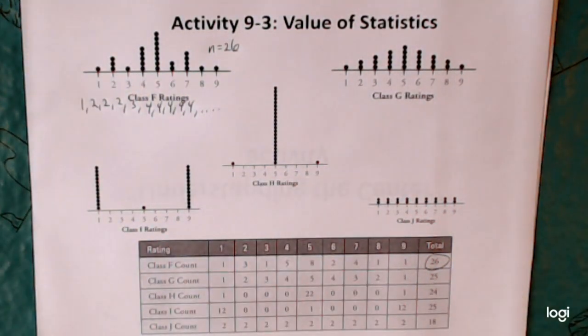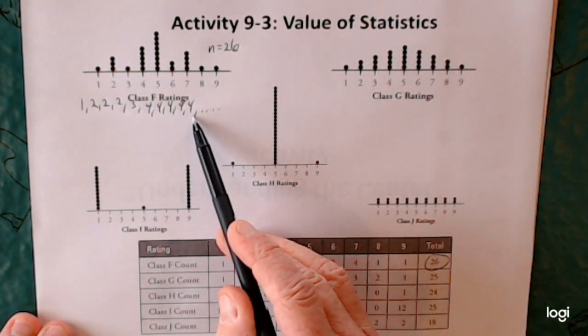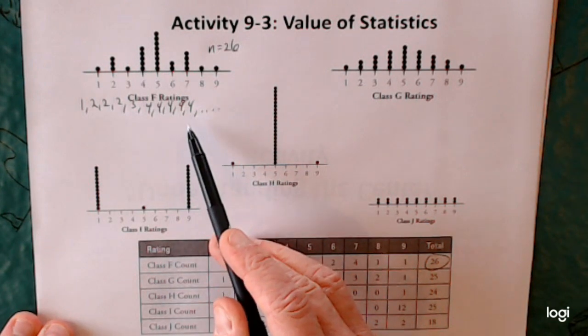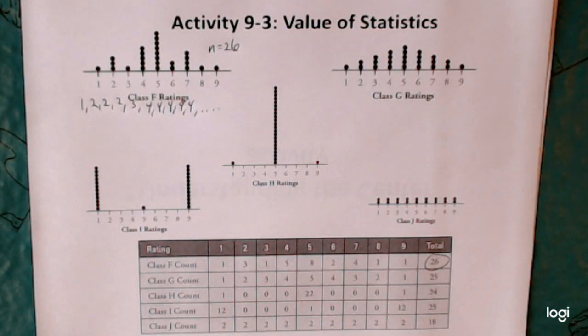If I'm doing this, I obviously don't want to do it by hand, although I could. But even using technology, this is the information that I have to plug into my calculator or into Desmos if I'm using that app, and then calculate the standard deviation or the interquartile range that way. I'm not going to do that.